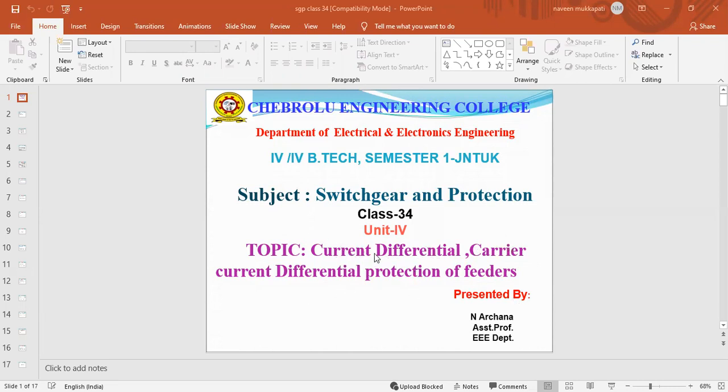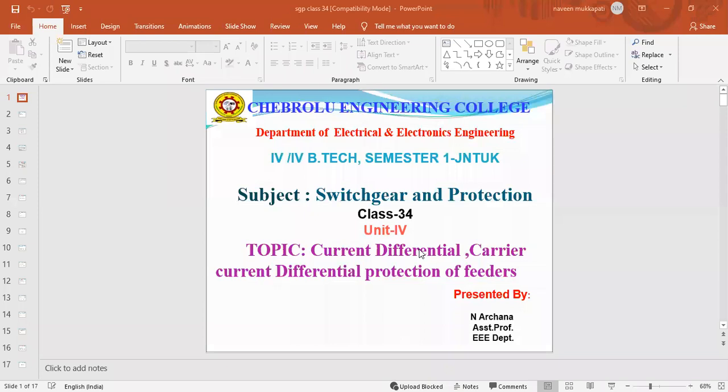The differential protection is again divided into two types: the differential pilot wire protection, and the current differential protection. In the present class, I am discussing the current differential protection, that is the first type of unit type of protection.